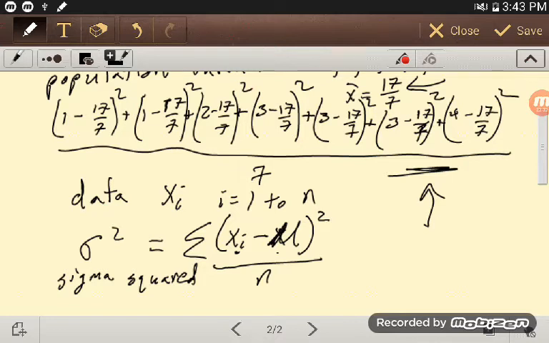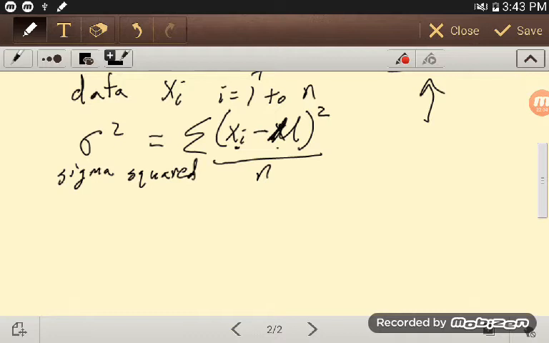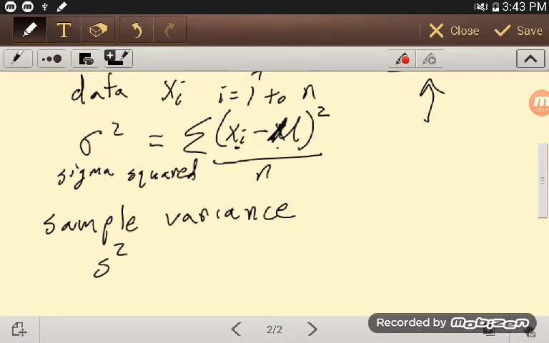Now, the only difference if we move to a sample variance, and this is very important because it matters, is we change it to s squared. We do that same thing. We just add up our, in this case, data instead of our population individuals, minus x bar, our sample mean, squared.